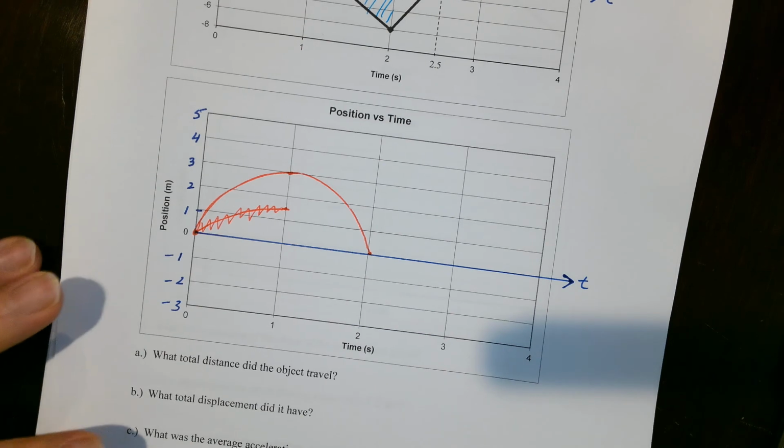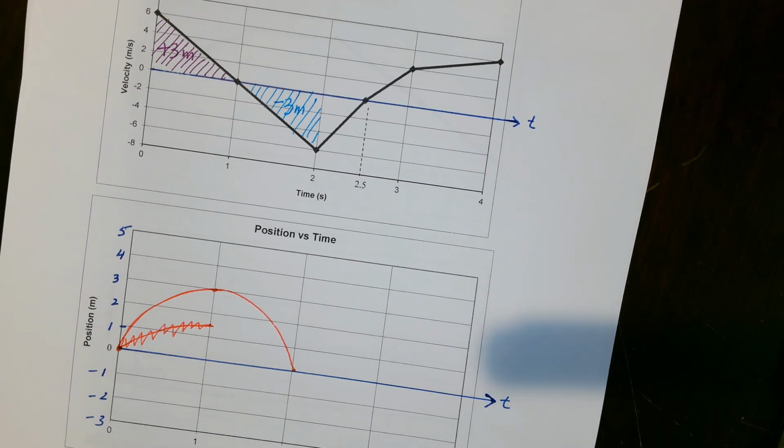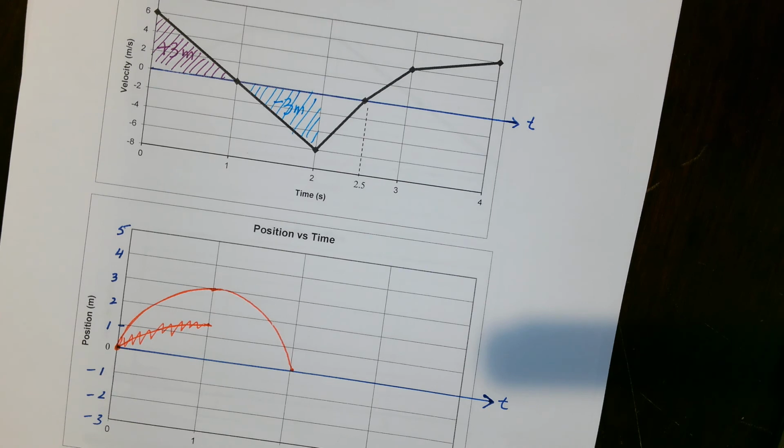Now what? From 2 to 2.5. First of all, which way is it going? Negative. Still negative, correct. How is it going in the negative? Slowing down. Very good.